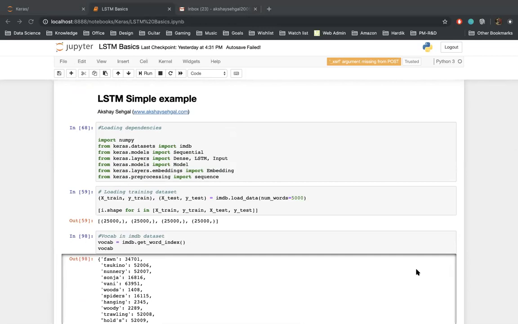Just give me a second. Yeah, can you see my presentation? I'll assume that I am able to see Akshay. Okay, any questions till now? No, not as yet. Your screen is blank.